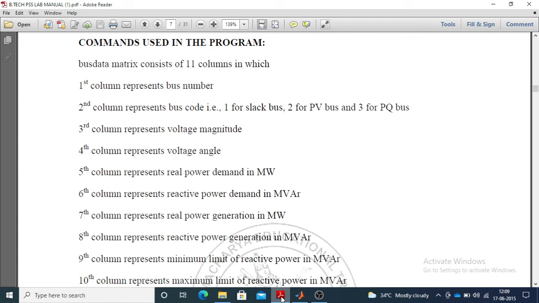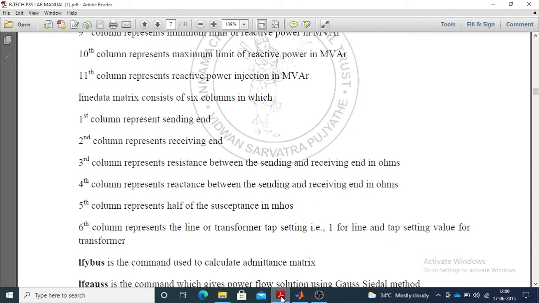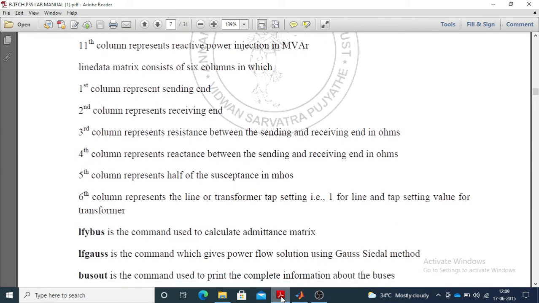Do remember, fifth and sixth are demand, seventh and eighth are generation. The ninth and tenth columns give the minimum and maximum limit of reactive power in MVAR, and the last column, the 11th, represents the reactive power injection into the system in MVAR.